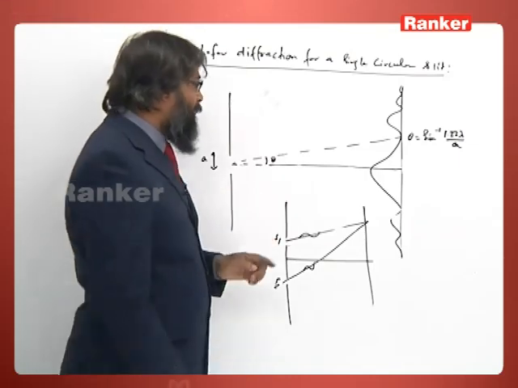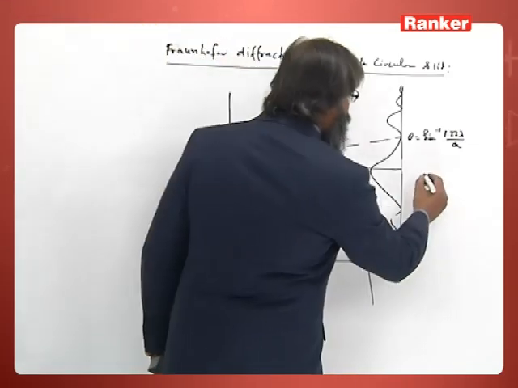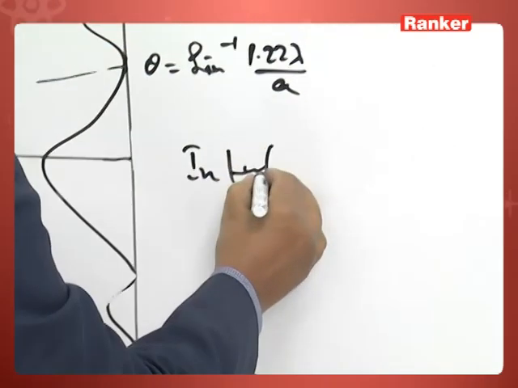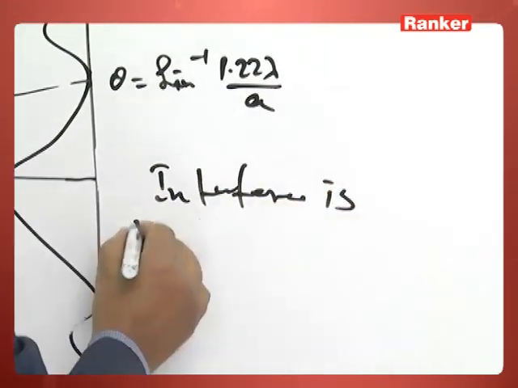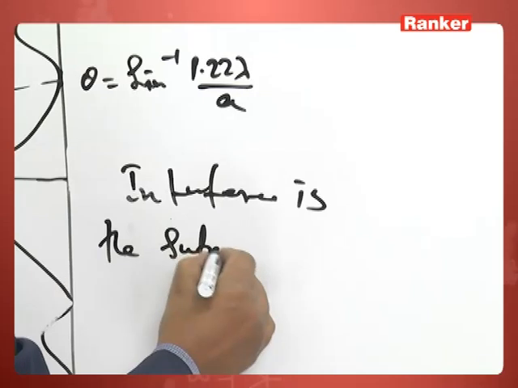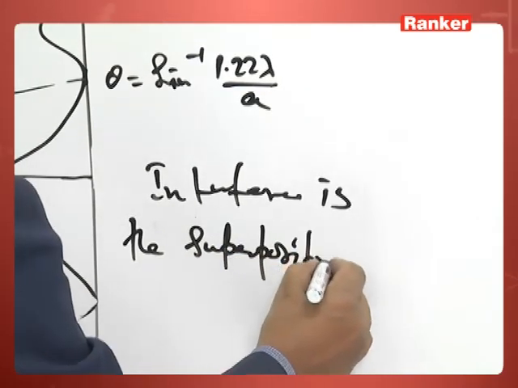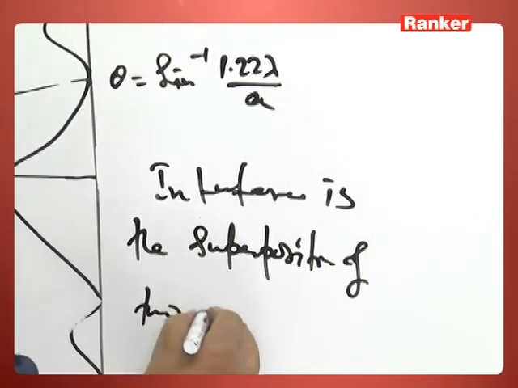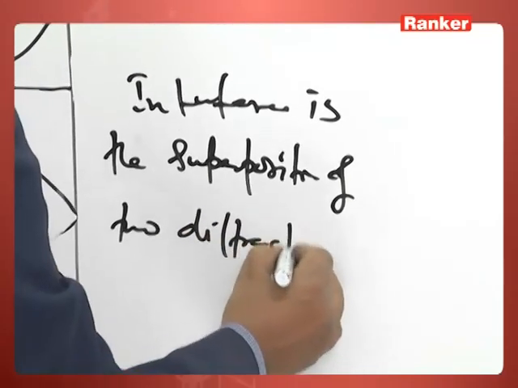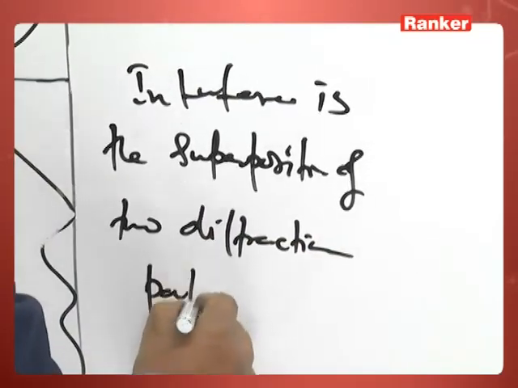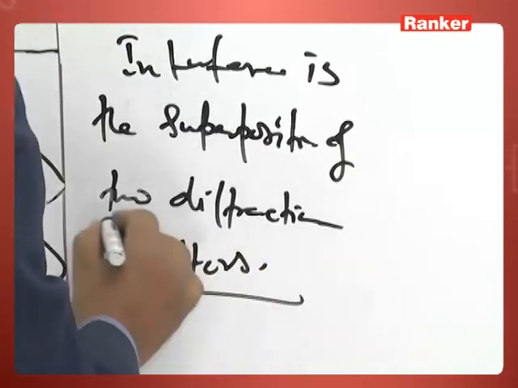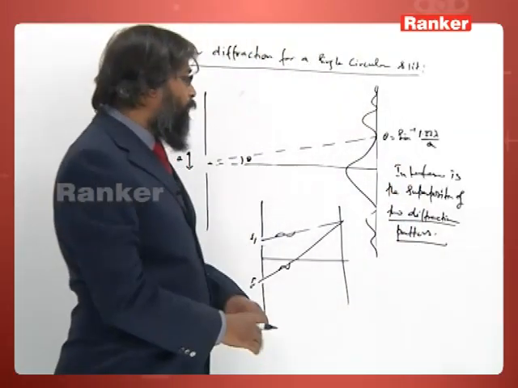If we are more precise, we can say interference is the superposition of two diffraction patterns. This is the most precise treatment of interference.